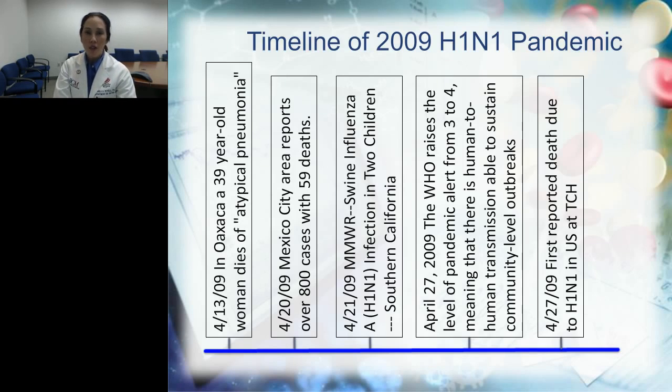And then, unfortunately, on that same day in Houston, in our emergency department, we had the first reported death, in a child who had traveled to Houston from Mexico who had H1N1. So this was the opening of the floodgates for us.